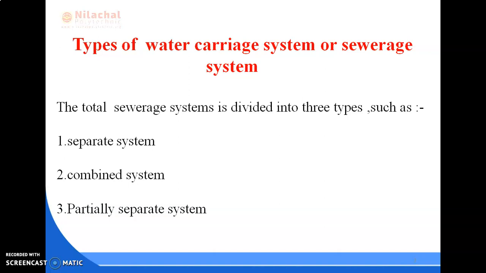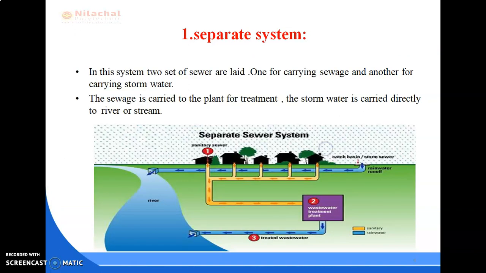The total sewerage system is divided into three types: separate system, combined system and the third one is partially separate system. First, separate system. When the drainage and sewage are taken independently of each other through two different sets of conduits, it is called a separate system.